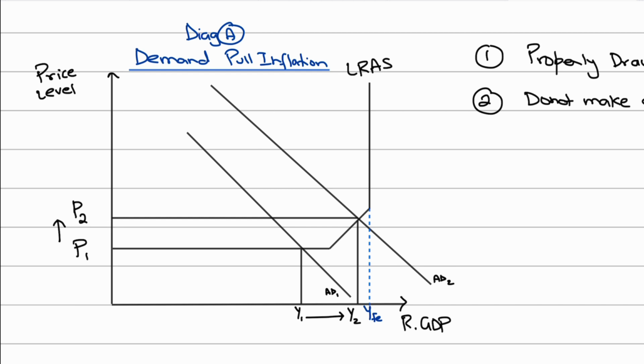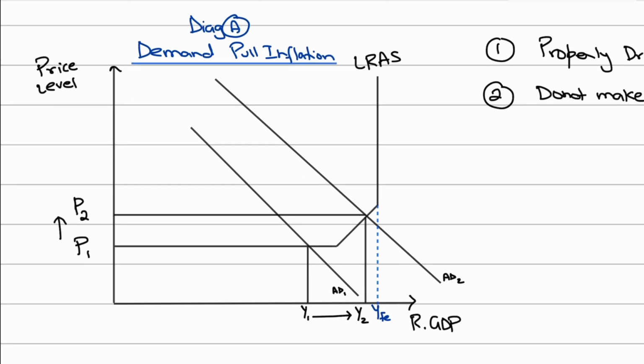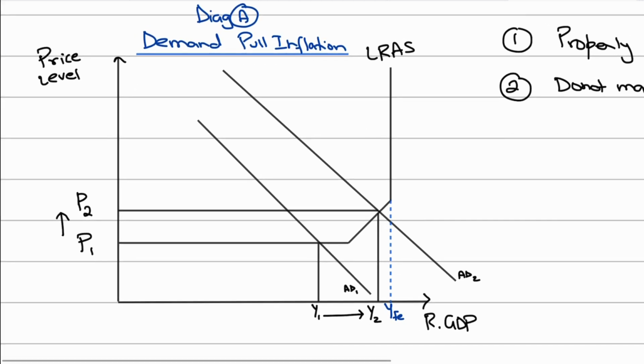So simply put, when the spending in the economy rises faster than the economy's ability to produce goods and services, when AD is going up, it creates excess spending and demand in the economy. As a result, firms respond by hiring more factors of production.